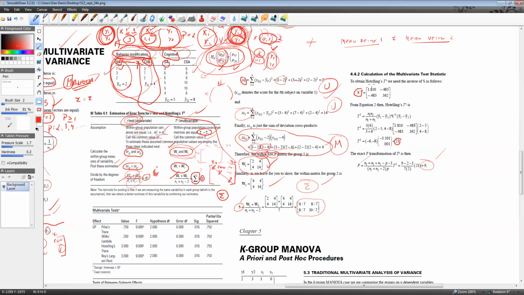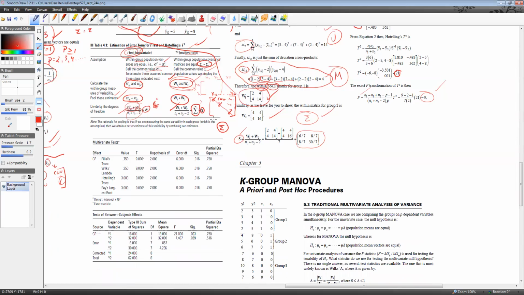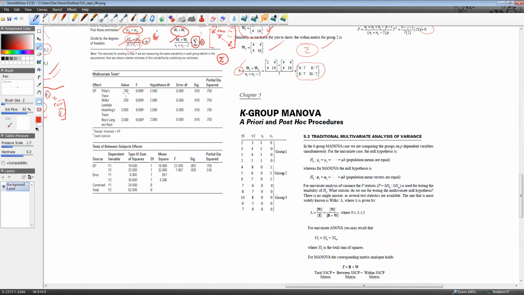Okay. So if we look at some output here, we see the multivariate tests are right over here. And there's the effect, so there's the group. So there's two groups here. We see a variety of tests. I'll mention those a little bit later as to why we see so many different tests, but we're looking at multivariate statistical significance here.